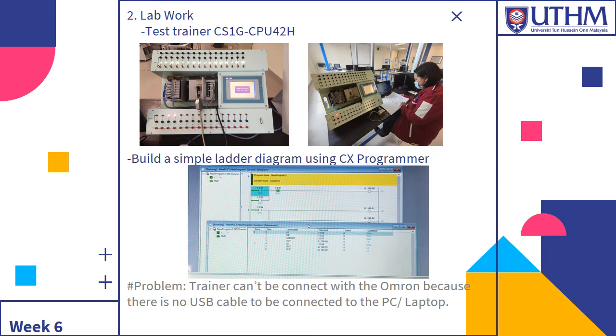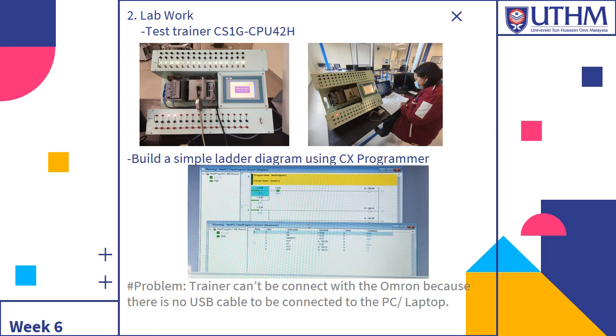Next we did lab work, which is to test the trainer. For me, I tested the CS1G CPU42H trainer, but we could not test the trainer because it can be connected with Omron, and there was no USB cable to connect to the PC or laptop.